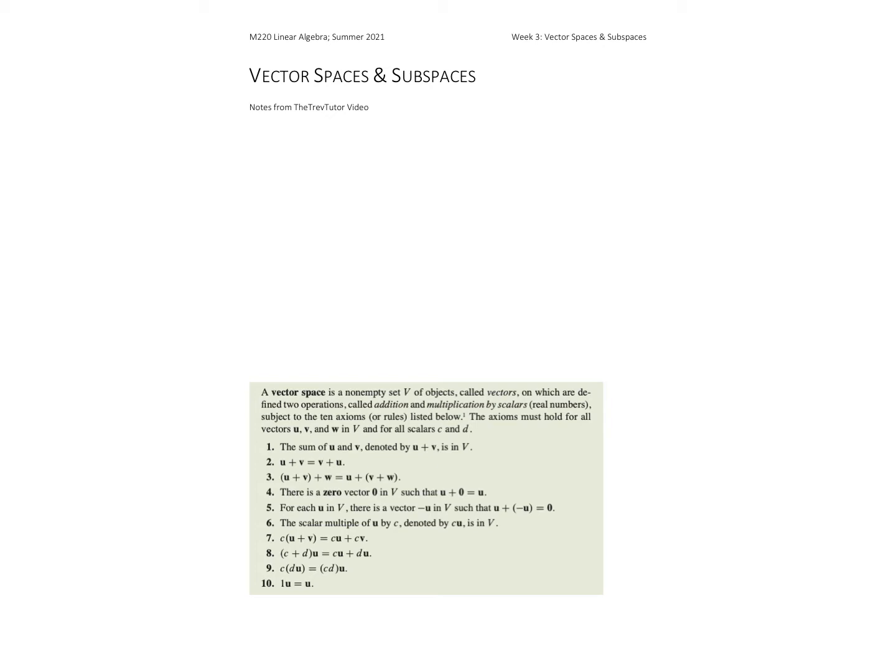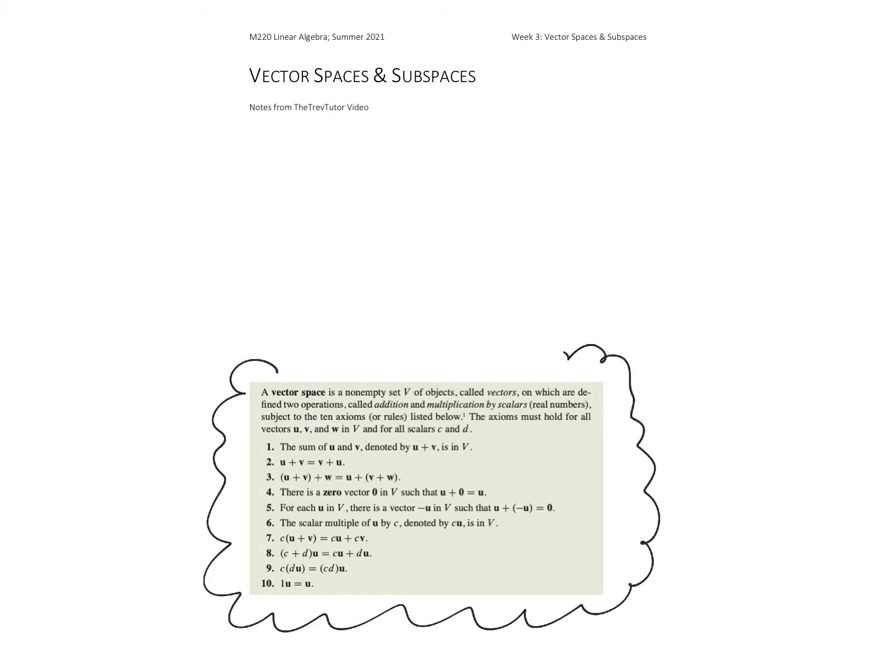So to introduce this idea of vector spaces, there's a separate video, hopefully you've watched it, that left you space for notes. They give you this lovely definition here, and they give you our 10 axioms. These are called axioms. Axioms are like theorems light, kind of.